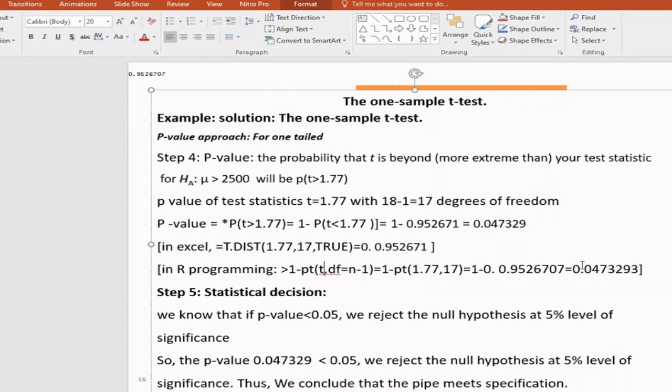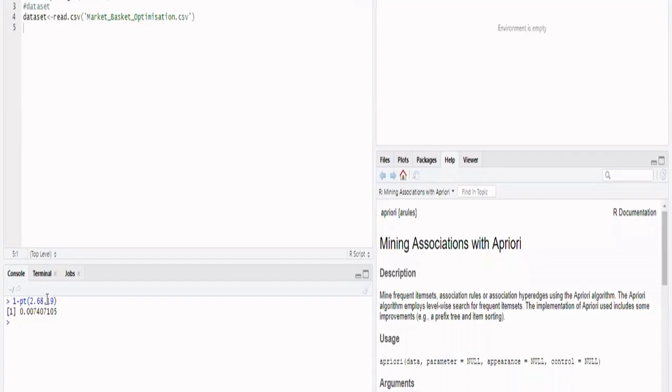Let us test in R. First, 1 minus pt, where pt is the probability of the t distribution, the value is 1.77, the test statistic, and degrees of freedom 17. We get 0.0473, the same as in Excel.